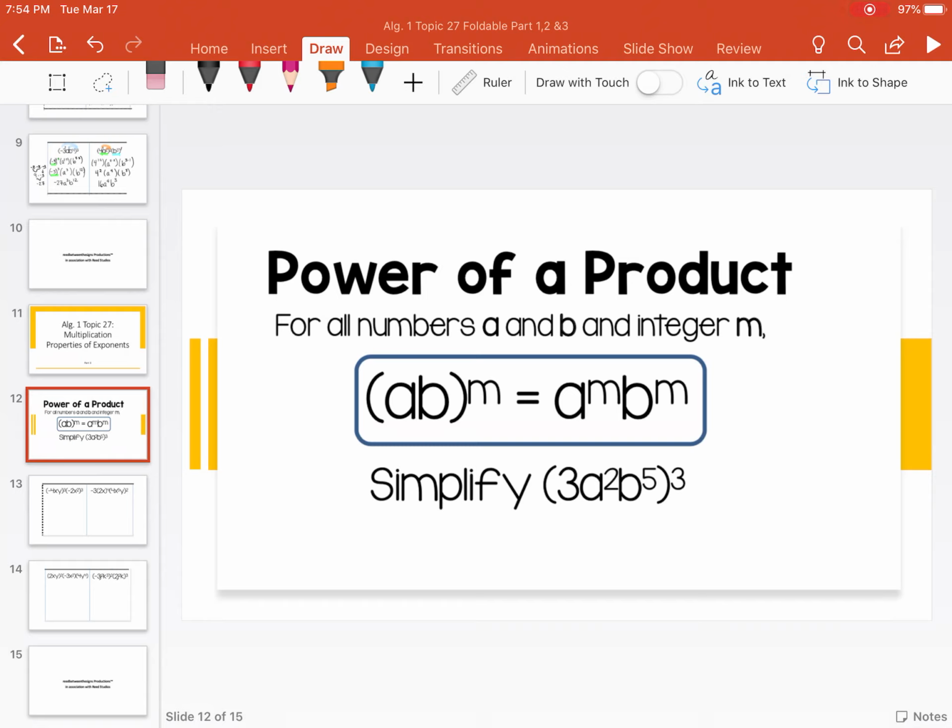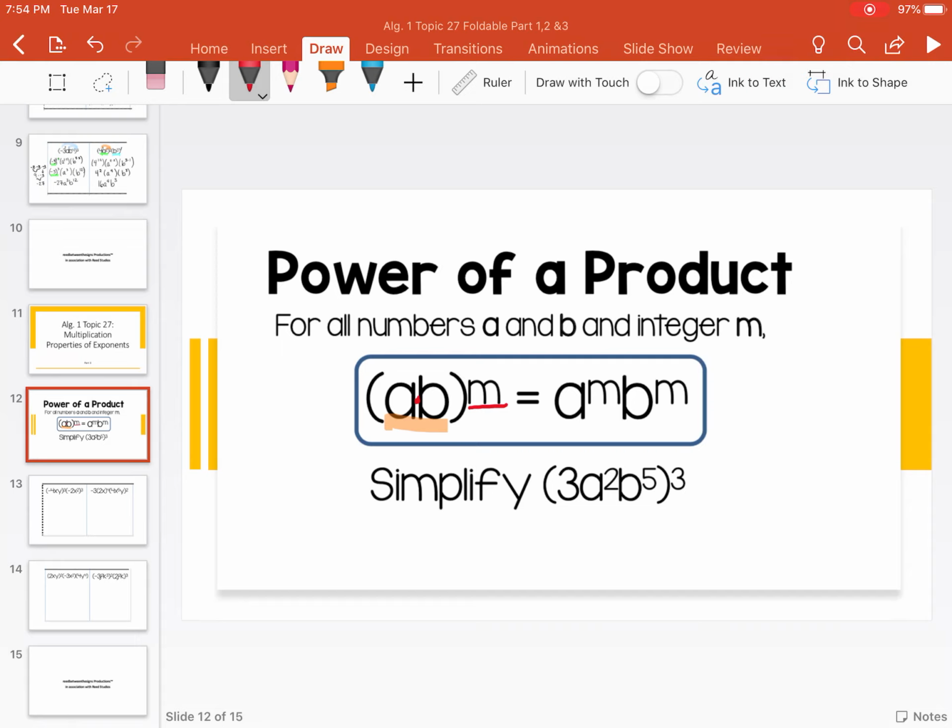So this is called power of a product. Now we know that a product is basically the answer of multiplying two things together, or multiplying a set of things together. So here we're multiplying A times B, and it's the power of a product because they're all being raised to this power. We kind of saw this in part 2.